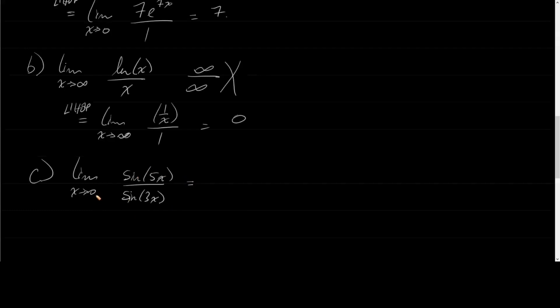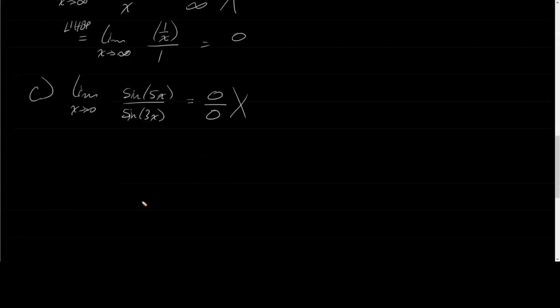Because if I plug it in, 5 times 0 is 0, sine of 0 is 0. Similar idea as here, 0. So we get 0 over 0, an indeterminate form. We don't like that. And like I said, in Calc 1, we have ways to go around it.